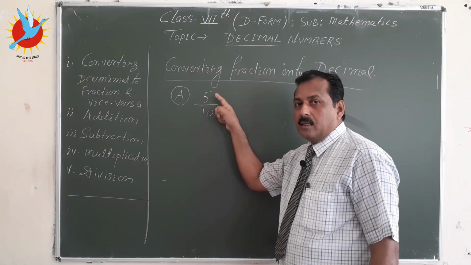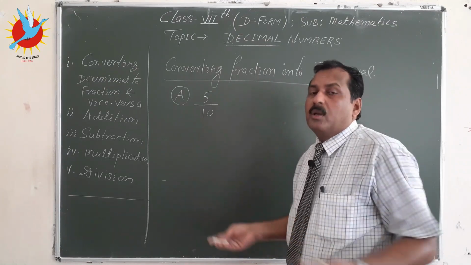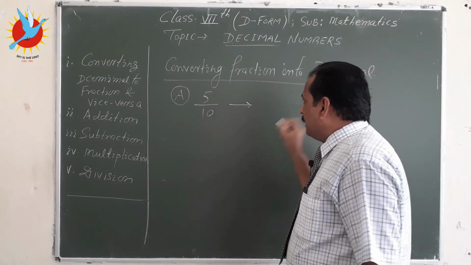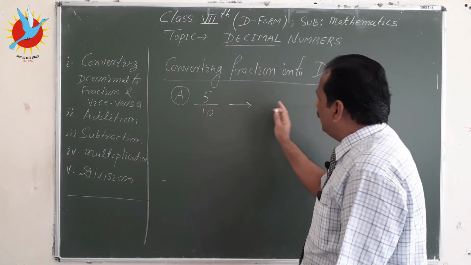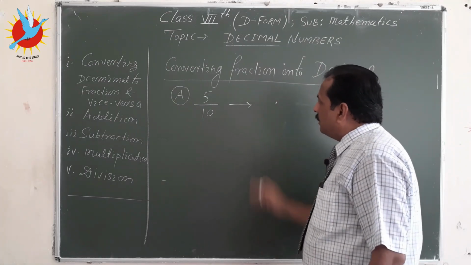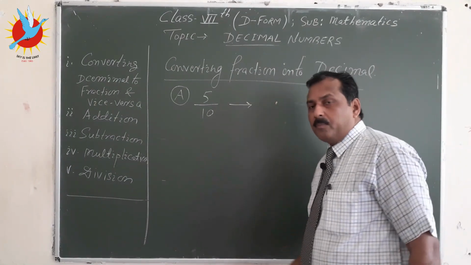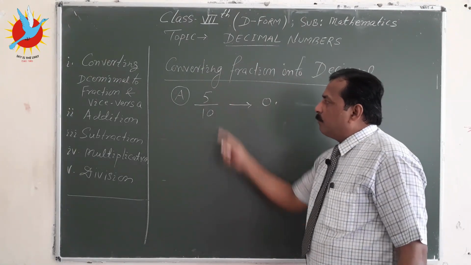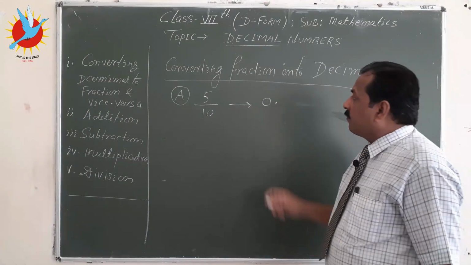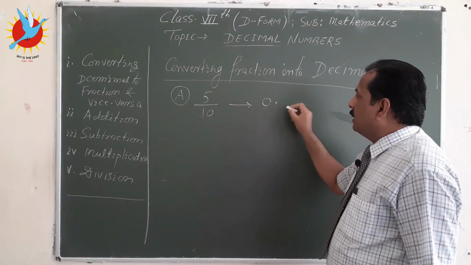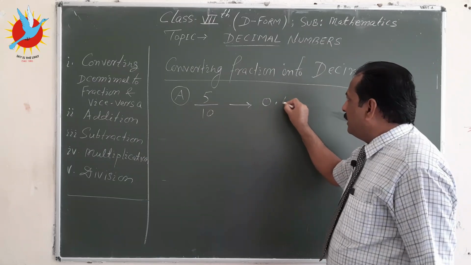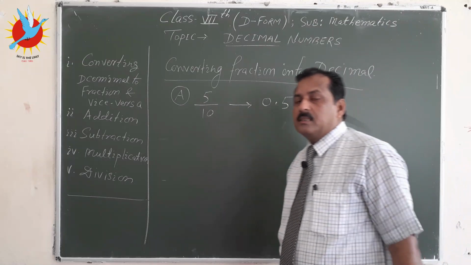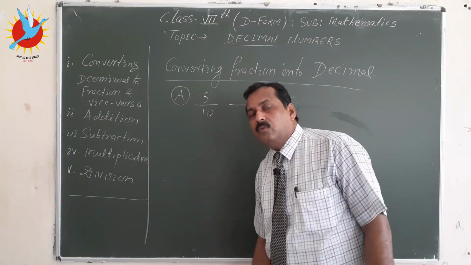So this is less than 1, meaning the whole number part is nothing. To represent this in decimal, the point is there, on the left hand side the whole number part is there, which is nothing here, and the fractional part is there. So this 5/10 is written as 0.5.